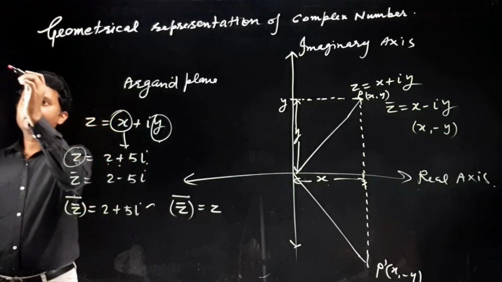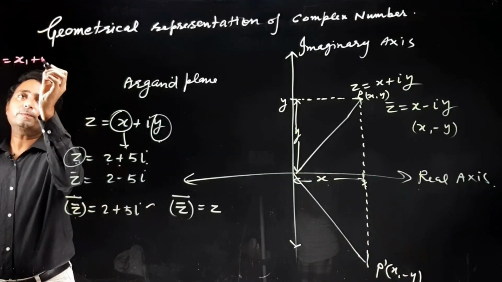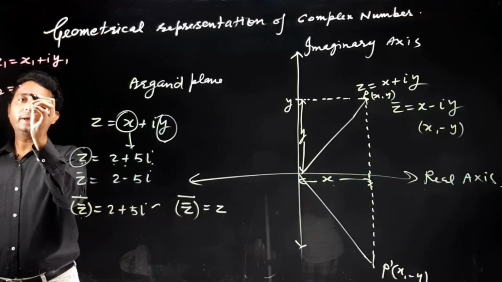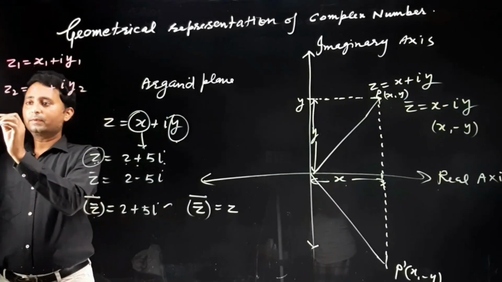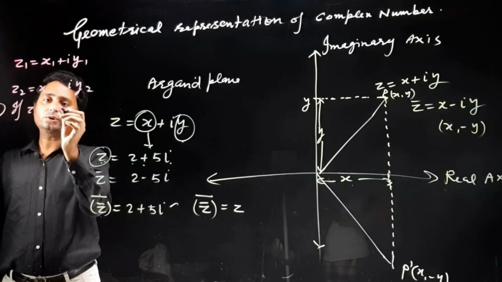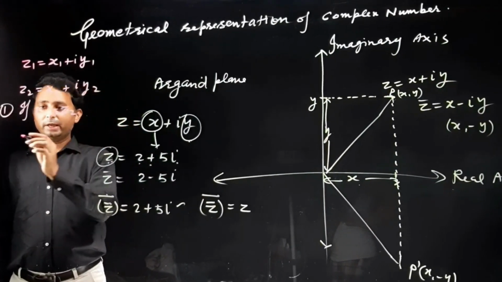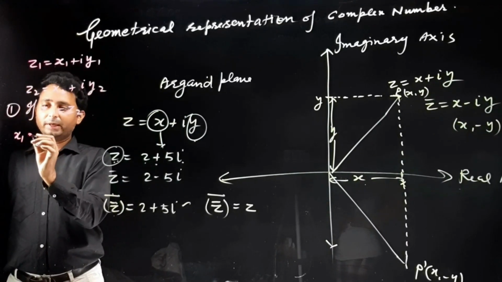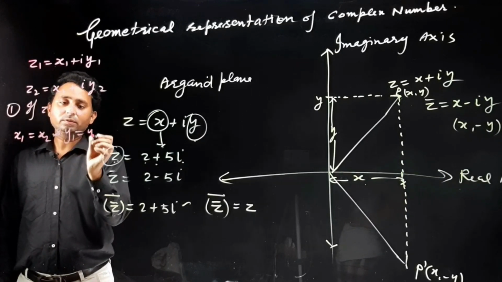See another thing, if two complex numbers z1 equals x1 plus iota y1, and z2 equals x2 plus iota y2. If z1 equals z2, it is possible if and only if x1 equals x2 and y1 equals y2.